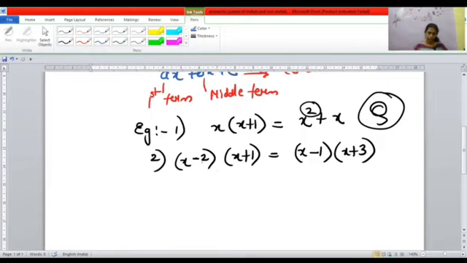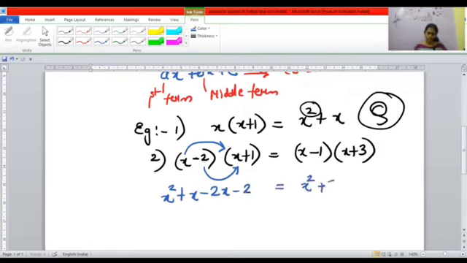While opening the bracket, you have to multiply the first term with the entire bracket, and the second term with the entire bracket. So initially you get x square plus x minus 2x minus 2. Here also the same thing, x square plus 3x minus x minus 3. You can see very well here, students, that you can cancel x square on both the sides.